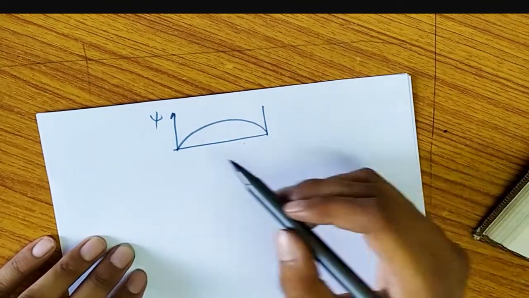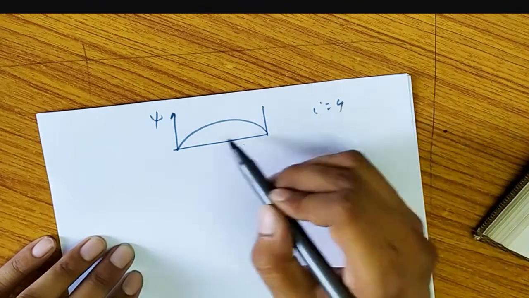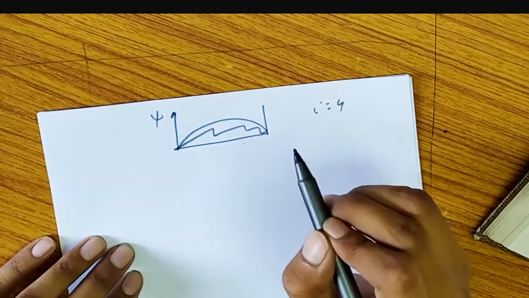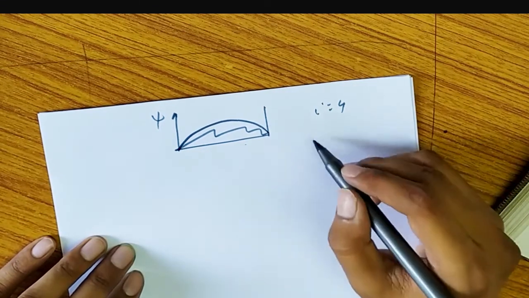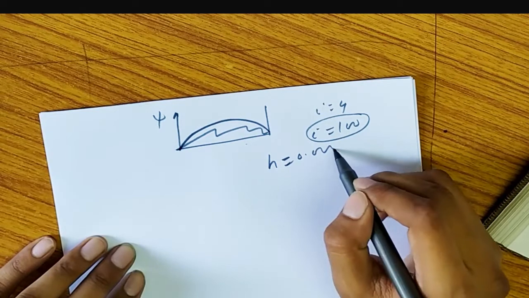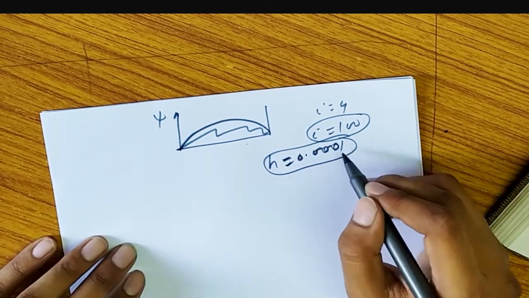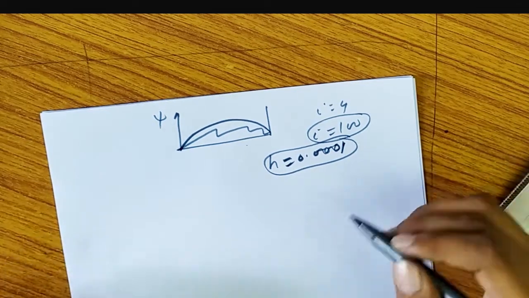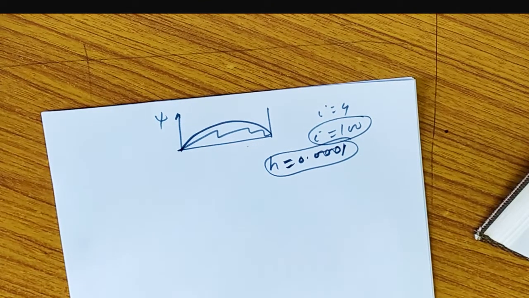If I is 1, this smoothness will not be there. For I equal to 4, the function looks like this one. But for I equal to 100, it is completely smooth like this one. Therefore, we have to take the step size h so small that we get a precise result. And to find this kind of small values, you need a computer, because a computer can do this kind of job. You cannot do this by hand.